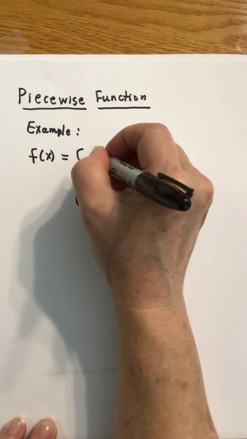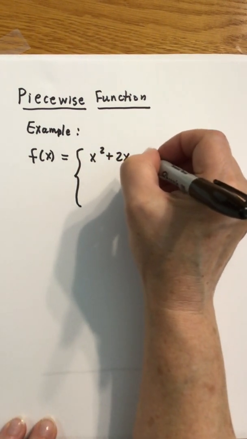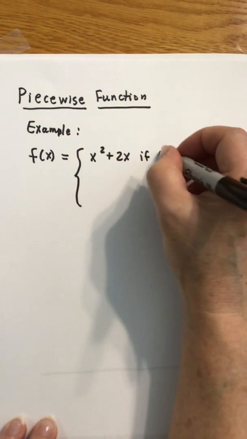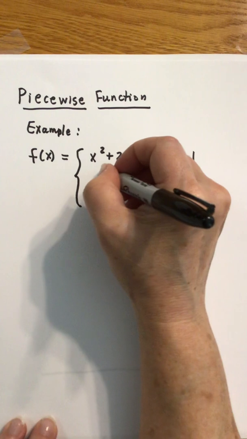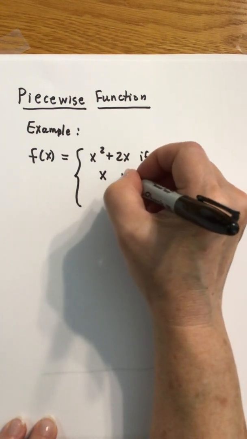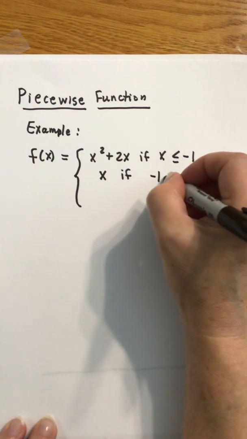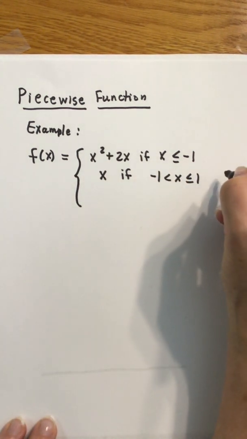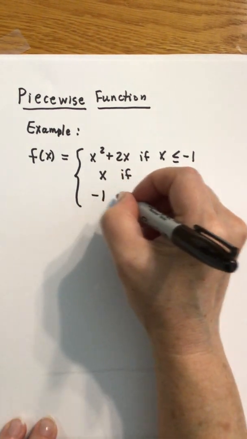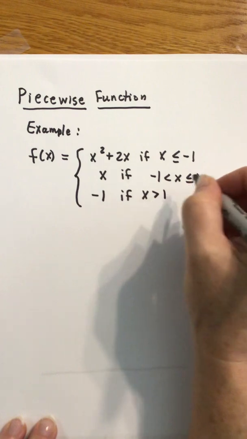So we're going to say x squared plus 2x if x is less than or equal to negative 1, and x if x is between negative 1 and 1, and negative 1 if x is greater than 1.